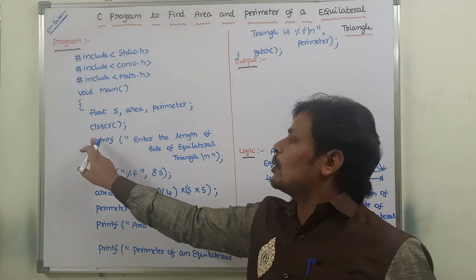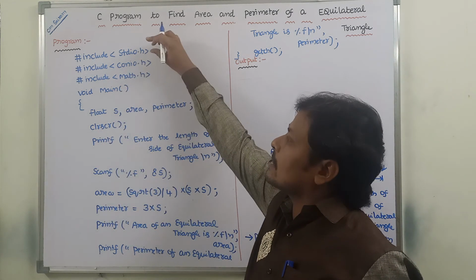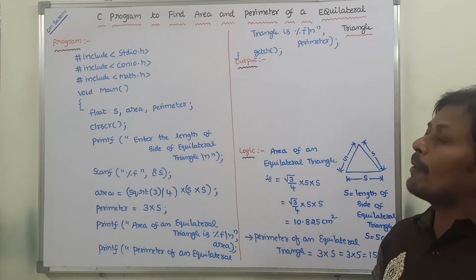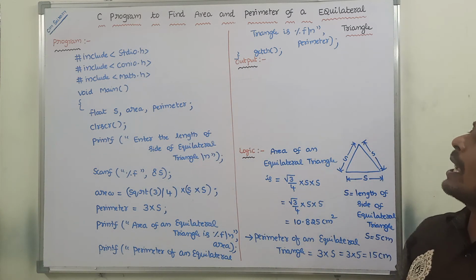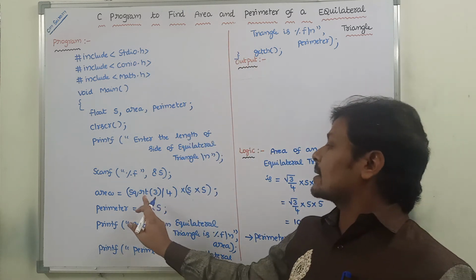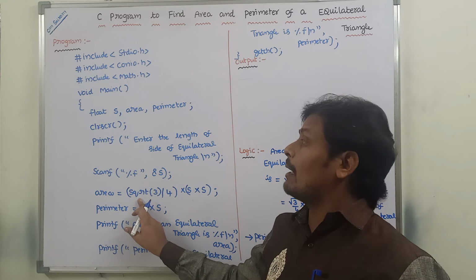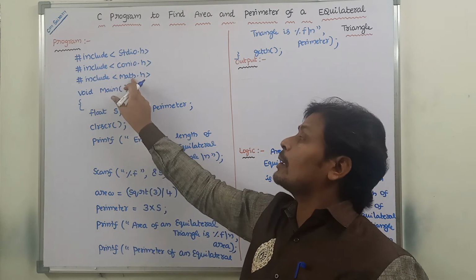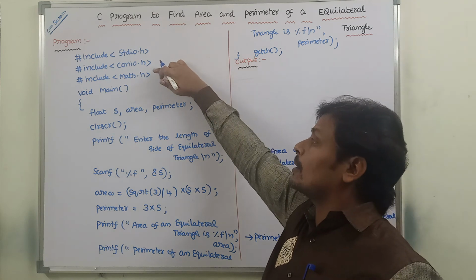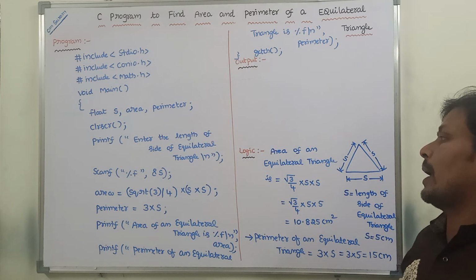Here both the printf and scanf functions are available in the header file stdio.h, so we have to include this header file in our program. The square root function is available in the math.h header file, so we have to include this header file in our program.